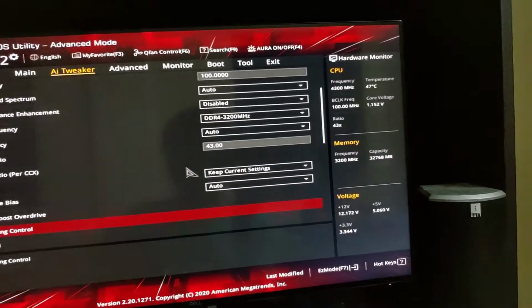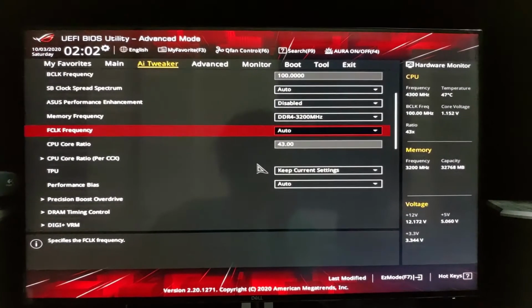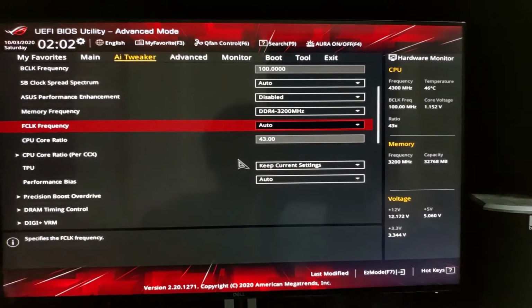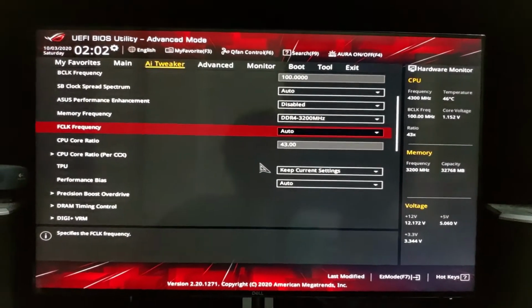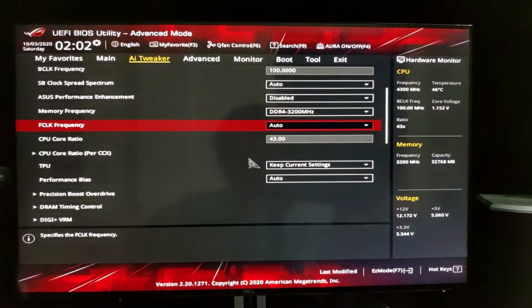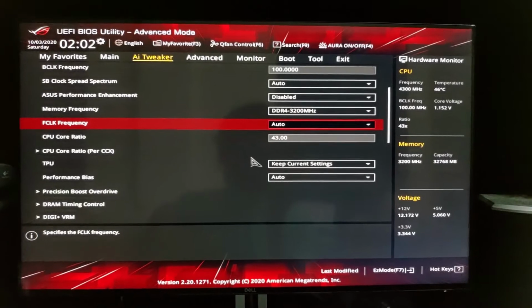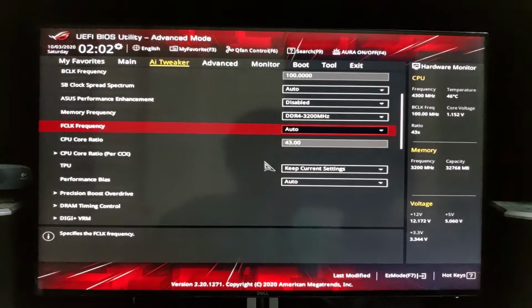Some other things I would like to mention are the FCLK frequency. This is explicitly for AMD CPUs, and this is actually the memory controller. These AMD Ryzen CPUs are a system on chip, so they control a lot of stuff.